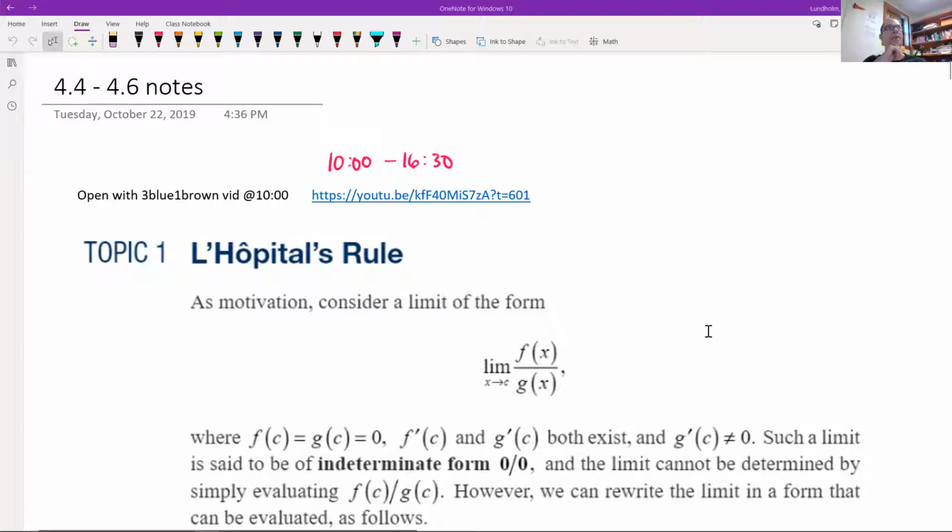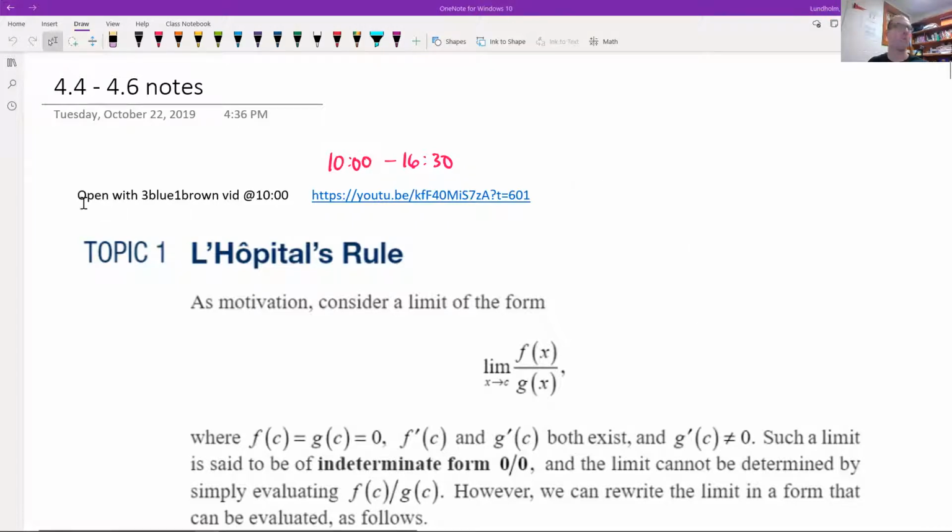So why didn't we do this earlier? Well, L'Hopital's rule is going to make use of the derivative, which we did not know earlier when we were working with limits just themselves. And so our knowledge of derivatives is going to help us evaluate some interesting limits.